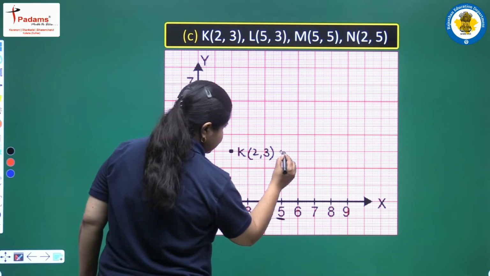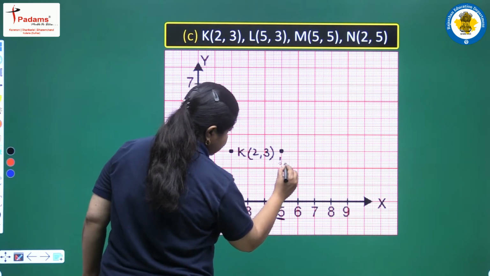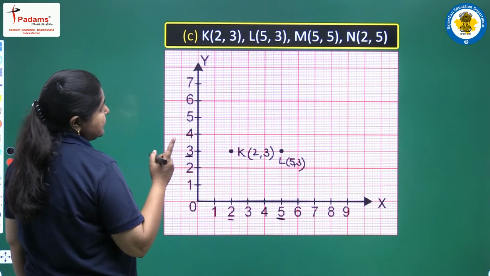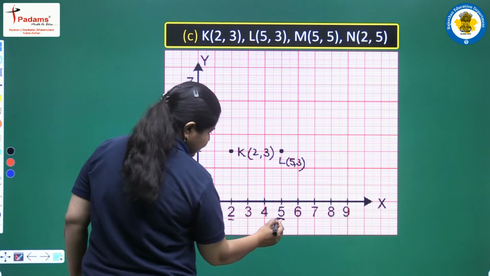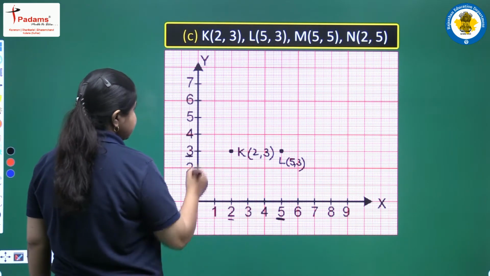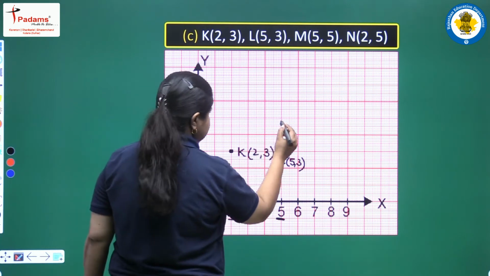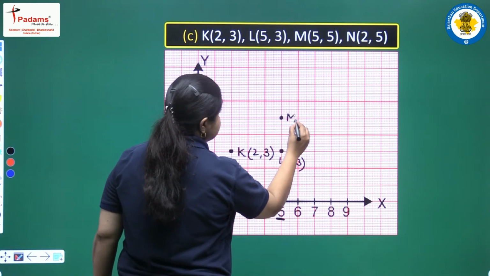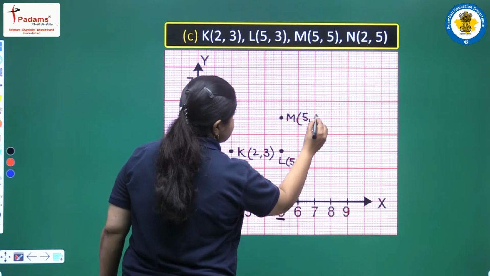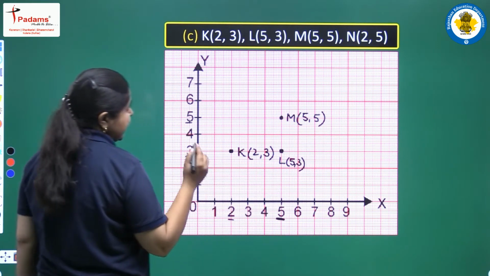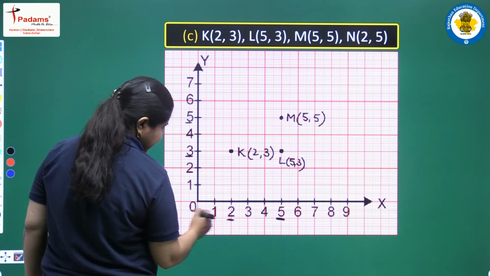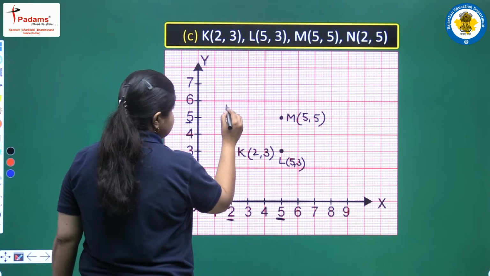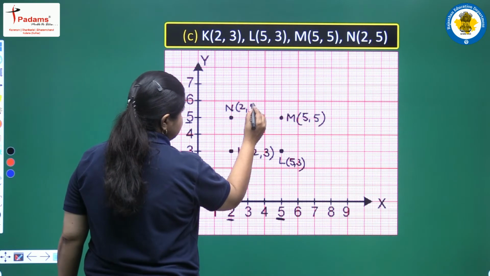So this will be the point L, 5, 3, and then we have M, 5, 5, 5 on x axis and 5 on y axis. So here we draw the point. This is M, 5, 5, and then N, 2, 5, 2 on x axis, 5 on y axis. We get the point here, N, 2, 5.